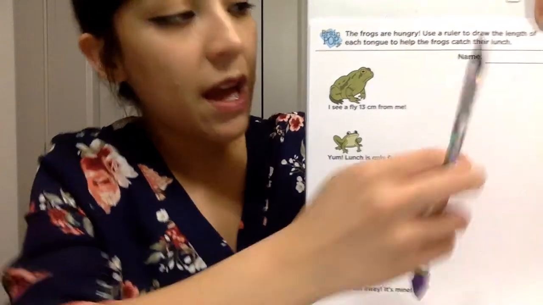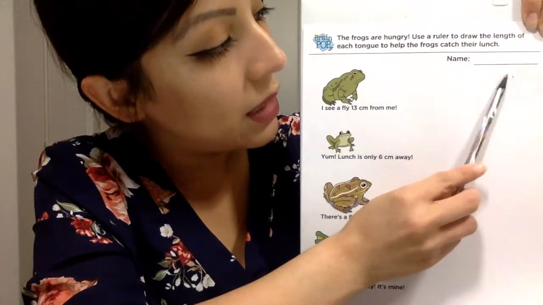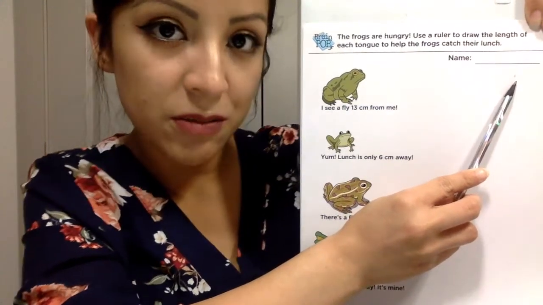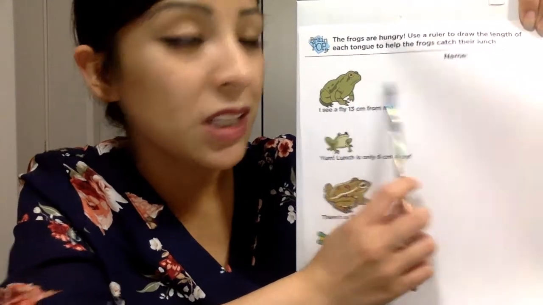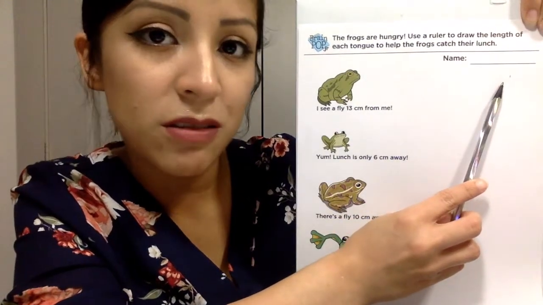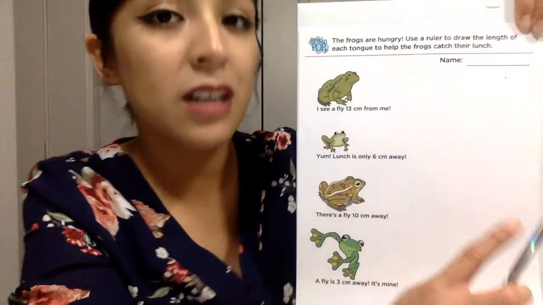Now that I have my line drawn 13 centimeters away, I will work on drawing my frog's tongue all the way over there, a 13 centimeter long tongue. I'll turn my board around for now so I can try to draw a tongue. Forgive me because I'm not a great artist, you guys.